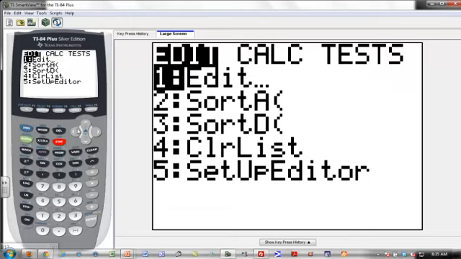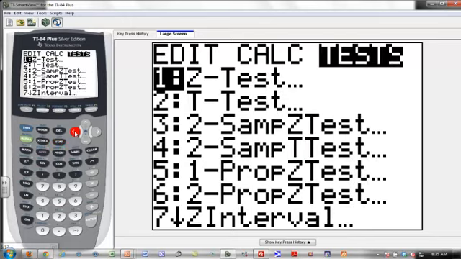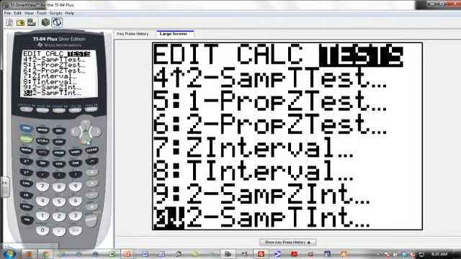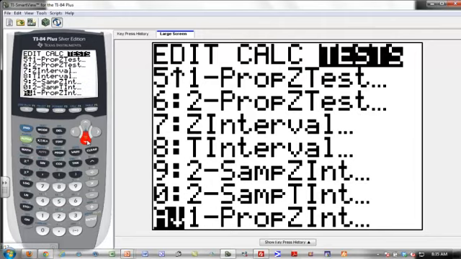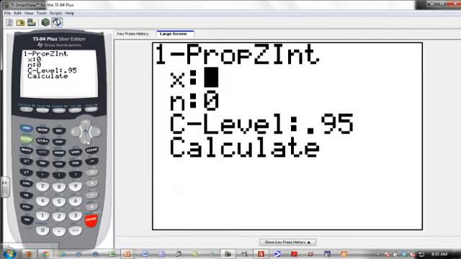Stats. Test. Stats, test. And I'm going to go down this list. And there's this thing called a one prop Z interval, which has got an amazing set of tools.